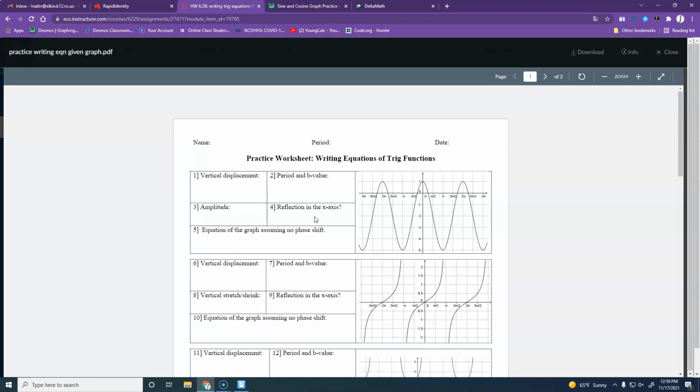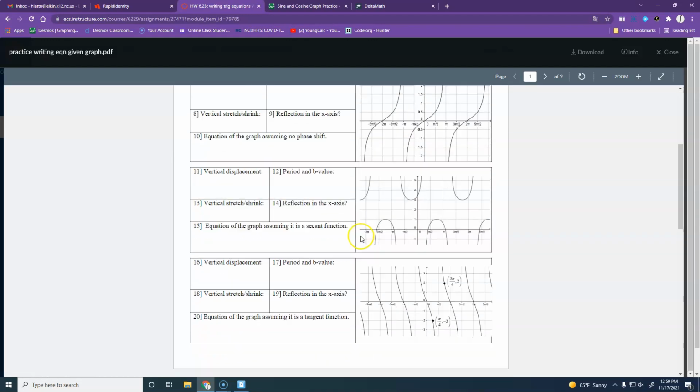The worksheet is going to ask for vertical displacement, period, and B value, amplitude, reflection in the x-axis. So it asks you for all of those things. You do not have to answer those parts for me. I just want the equation, just the equation for these graphs.